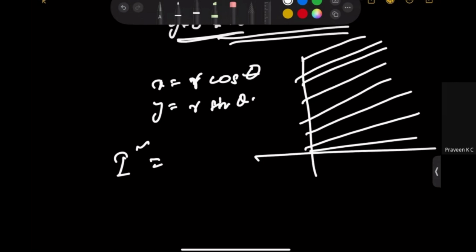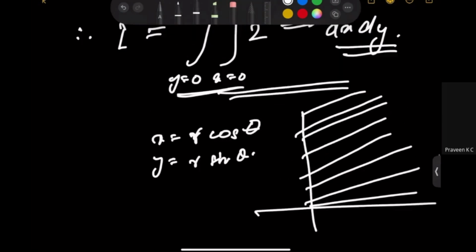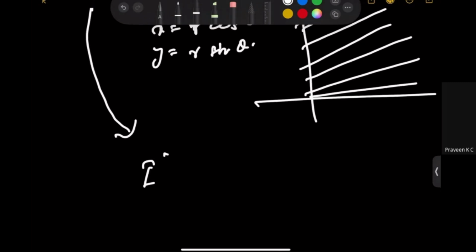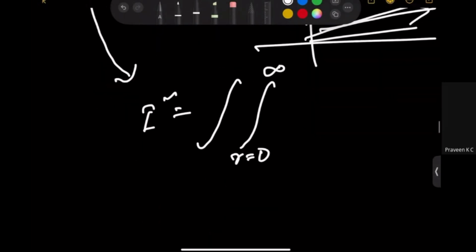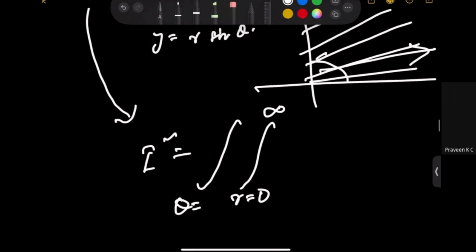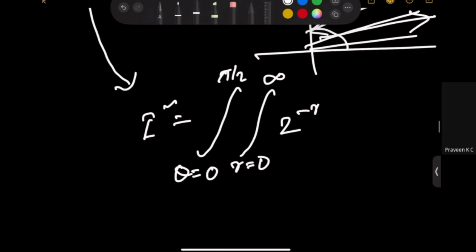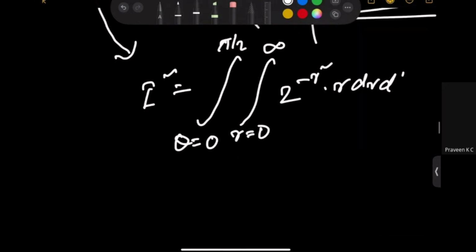So the limits in terms of r: if you change it into polar coordinates, I squared is equal to the integral of r going from 0 to infinity, theta going from 0 to pi by 2, and 2 to the power minus r squared, and dx dy is always replaced by r dr d theta.